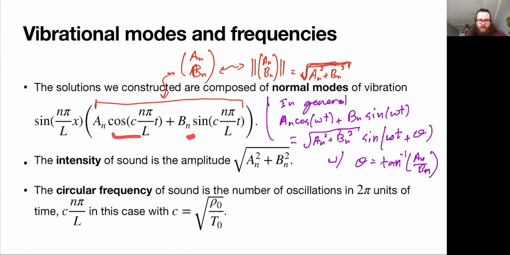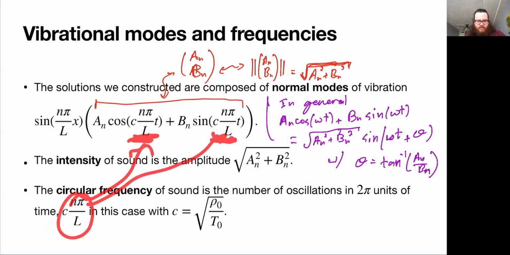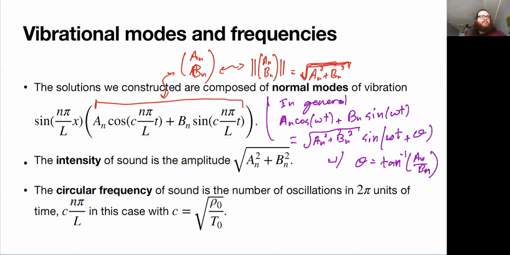So the question is, what is the frequency at which these points oscillate? That we're going to call the circular frequency, and that's just a coefficient for time in these cosine and sine expressions.